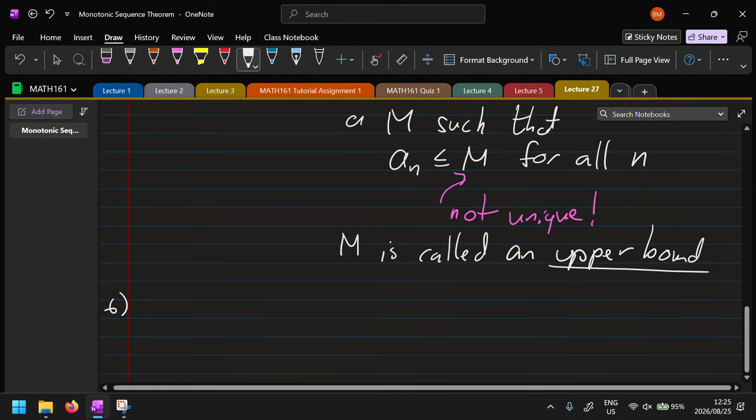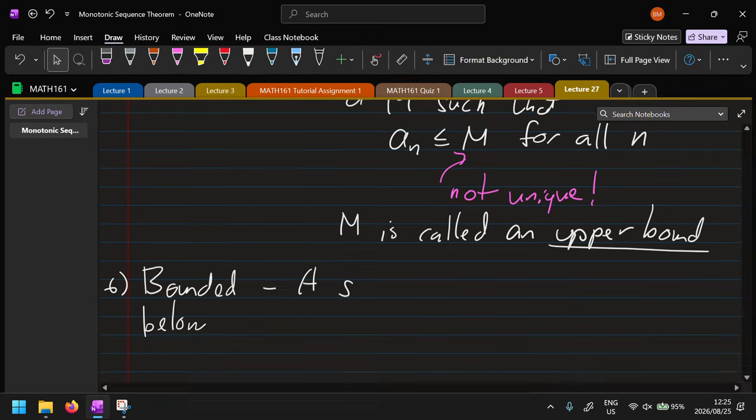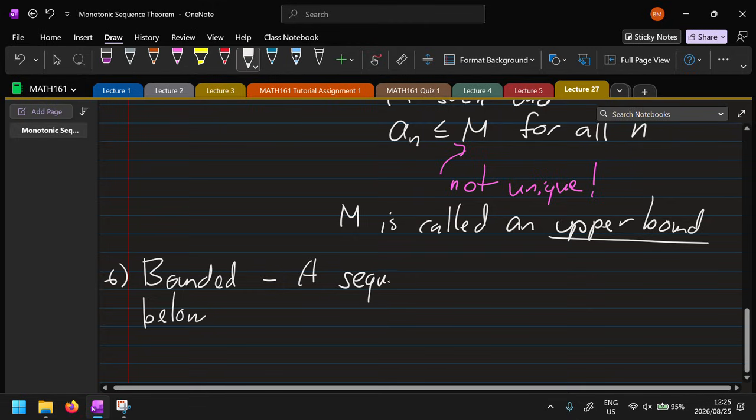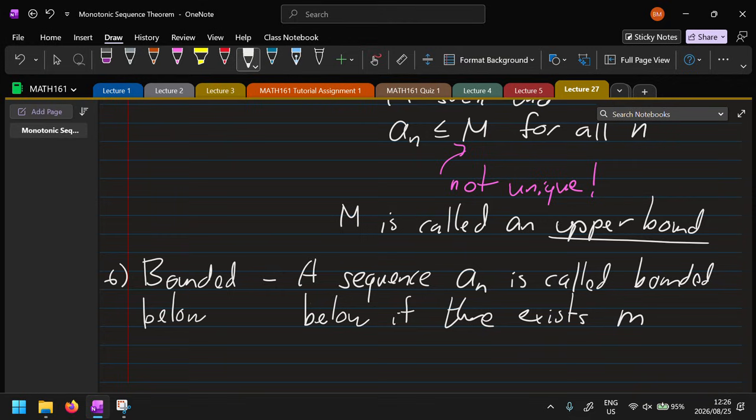Number six, bounded below. A sequence a_n is called bounded below if there exists, now we call it a little m.